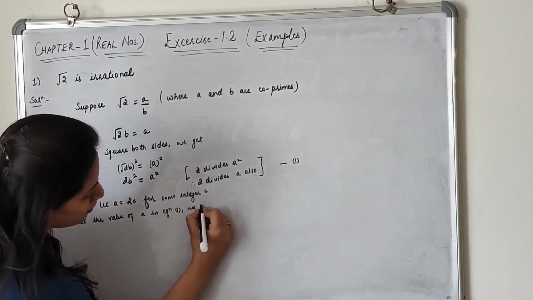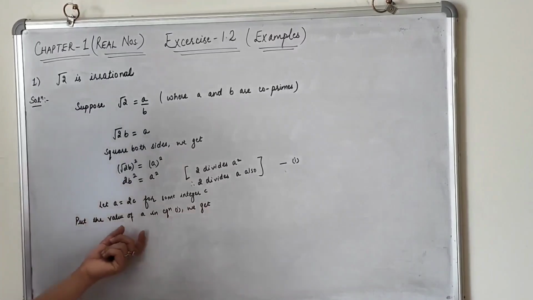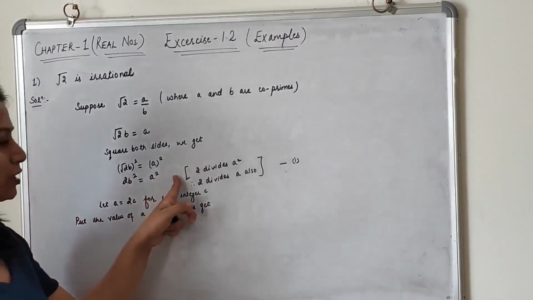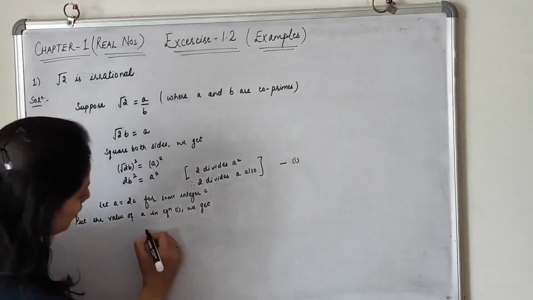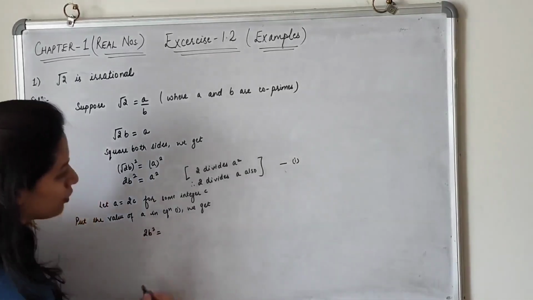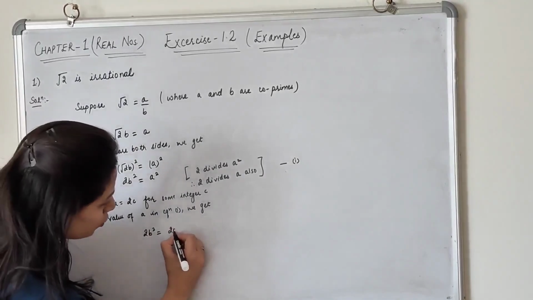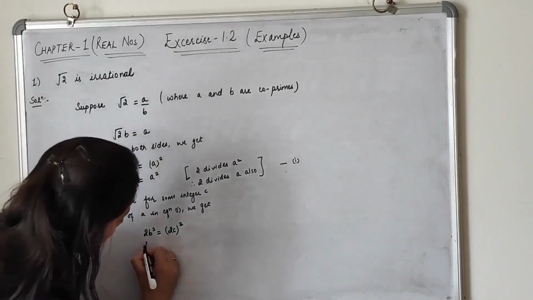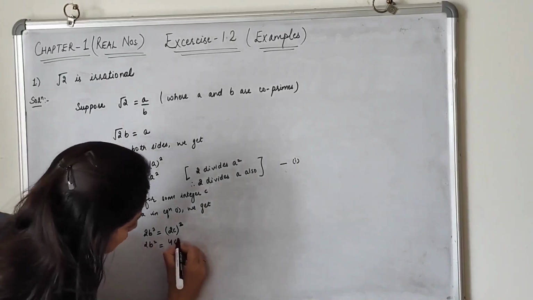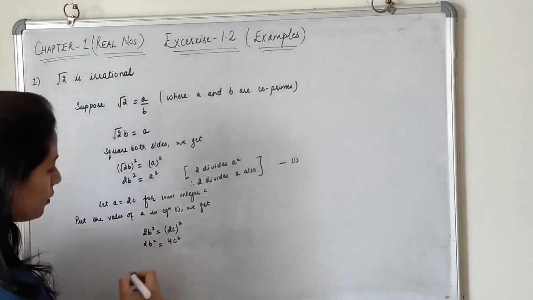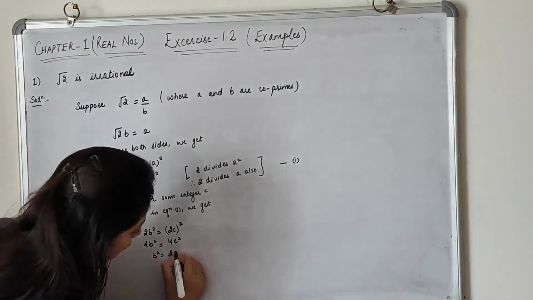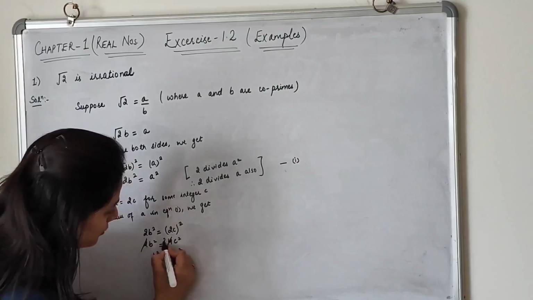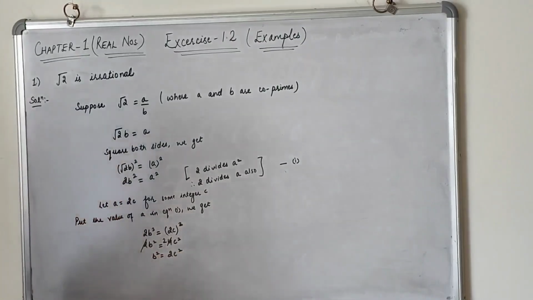equation 1. If you put the value of a in this equation, what you will get? 2b square is equal to 2c whole square. Correct? Which is 2b square is equal to 4c square. b square is equal to 2c square because this cancels out.